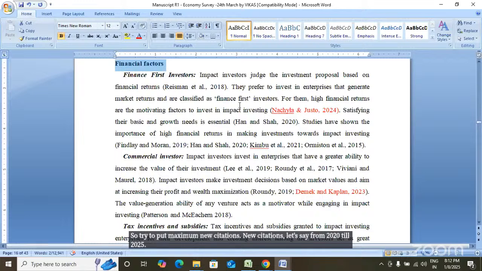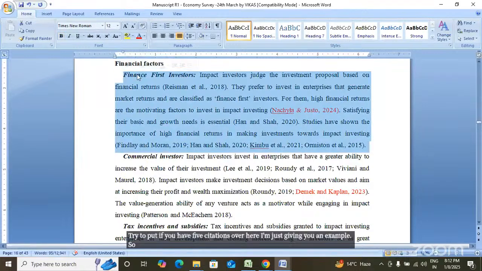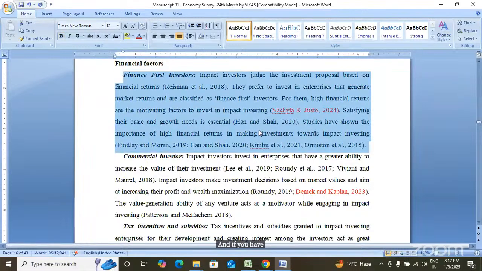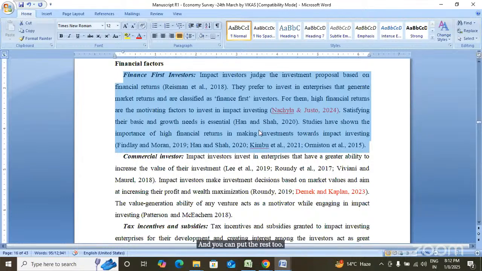If you have 5 citations over here, I'm just giving an example, so this is one paragraph. If you have put around 5 citations in one paragraph, try to put 3 citations that are very latest, and you can put the rest from previous ones. But try to have the latest in-text citations in your paper, that again gives weightage to your paper. Right?